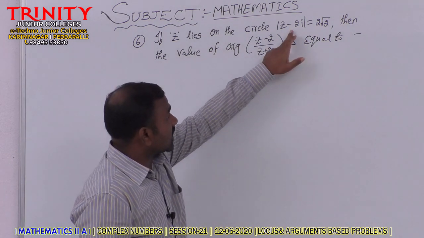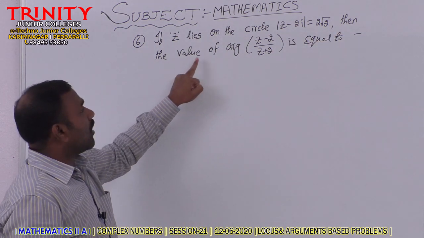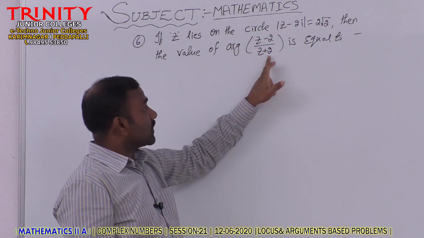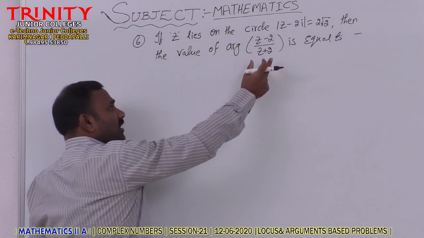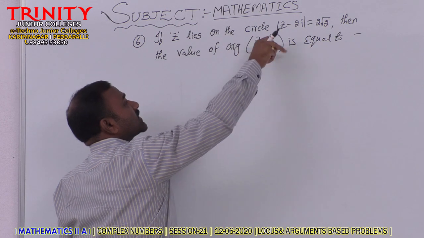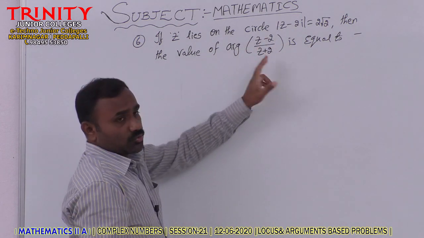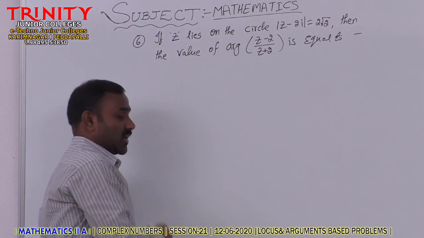Then by using this condition, the value of argument of (z minus 2) by (z plus 2) is equal to what? To get the argument of (z minus 2) by (z plus 2), first of all we should know what complex number is represented by (z minus 2) by (z plus 2). So here we have to find two things.